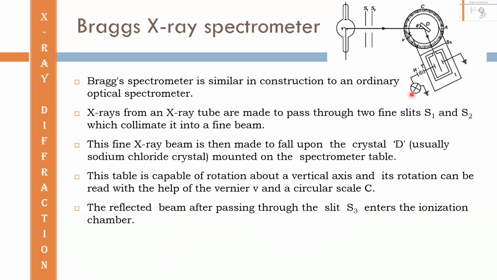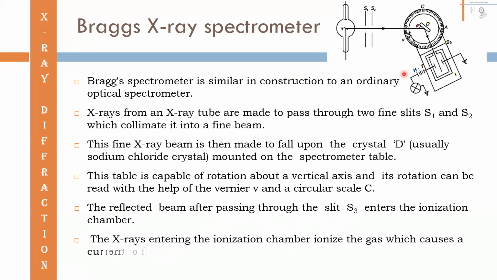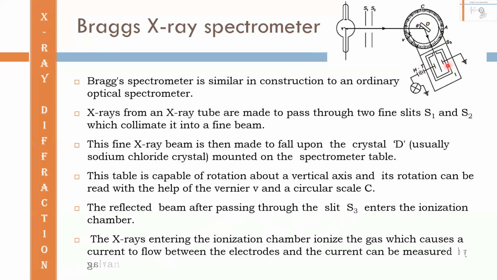The reflected beam, after passing through slit S3, enters the ionization chamber I. The X-rays entering the ionization chamber ionize the gas in the chamber, which causes a current to flow between the two electrodes, and the current can be measured by the galvanometer.